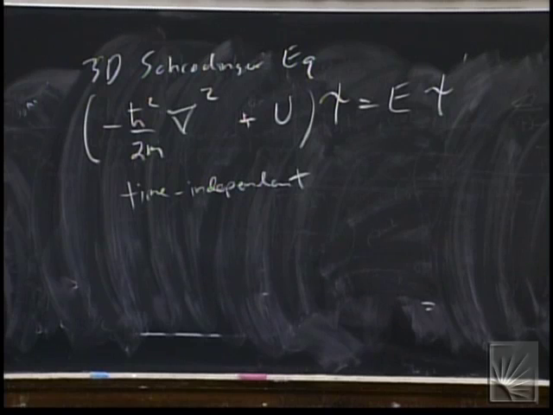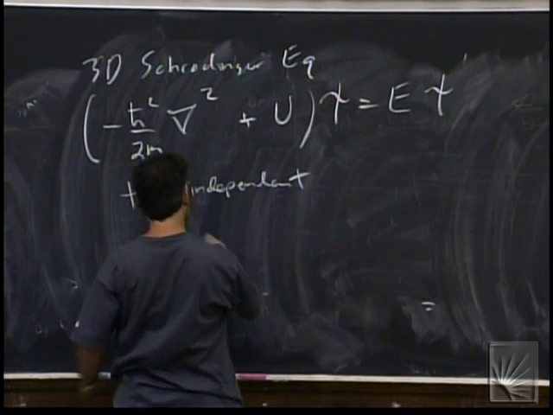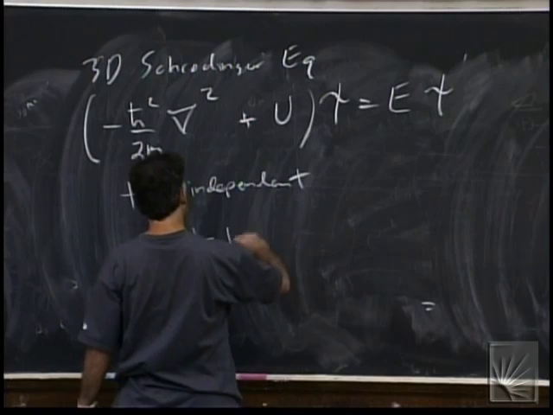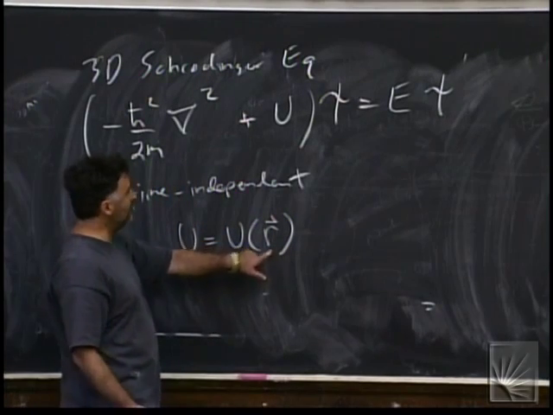But when can I use the time-independent Schrodinger equation? There's a condition: when the potentials don't change with respect to time. If I have a time-independent potential, some of the things implied here are that U is equal to U of r, that is, it only depends on space, there's no time in there.